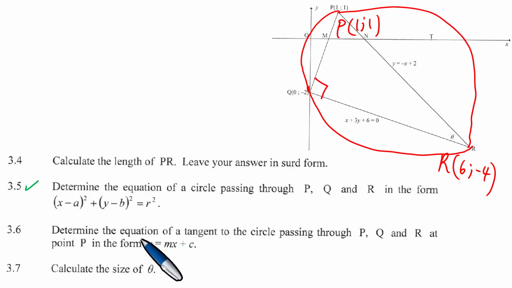So at this point, we continue to determine the equation of a circle passing through P, Q, and R. This circle here clearly has an angle of 90 degrees inside it, subtended by this line segment from boundary to boundary.